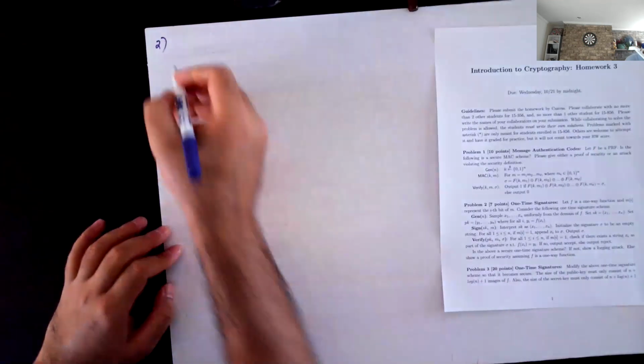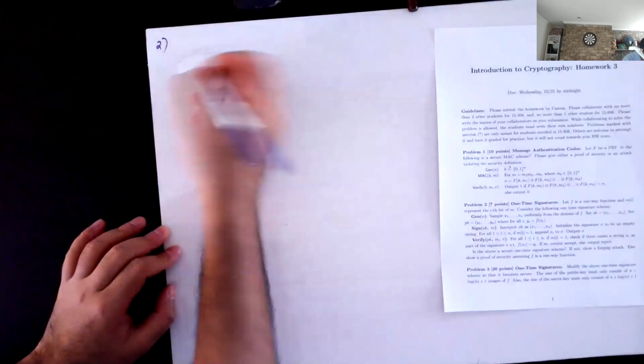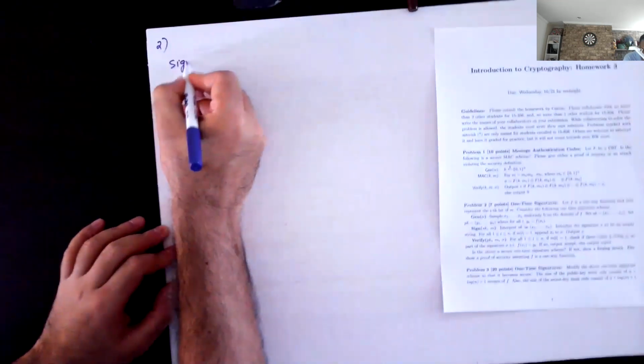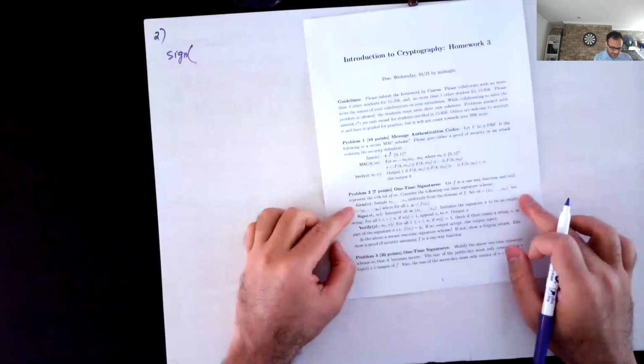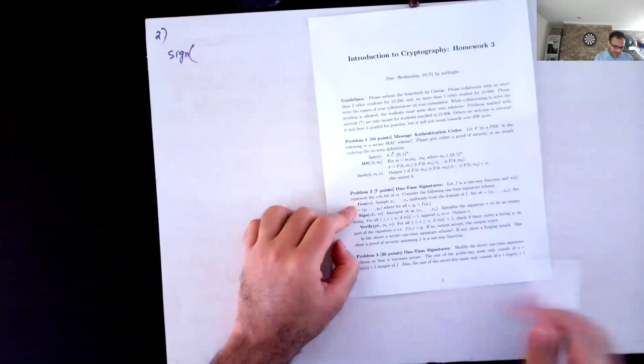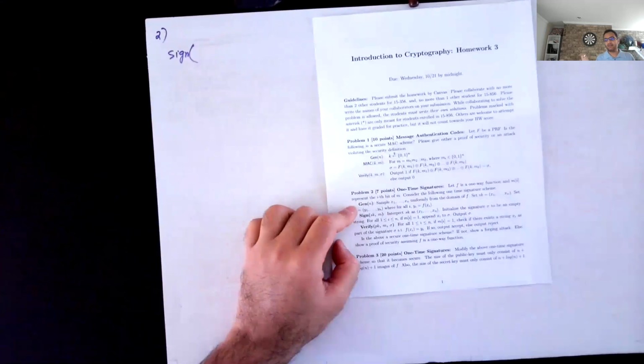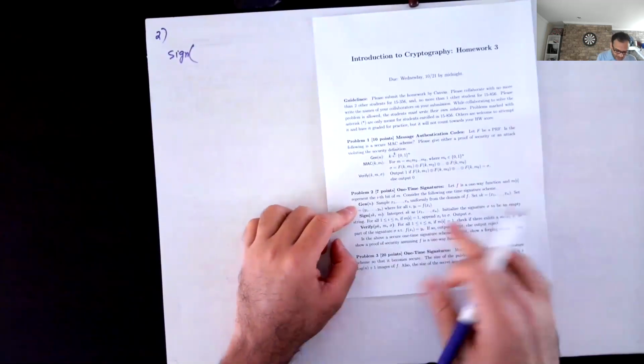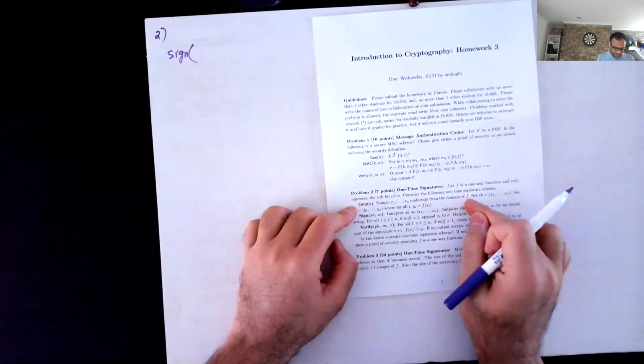So in the second problem, how do you sign? Maybe let's look at the problem first. You want to sign n-bit messages. In this problem, you just generate n random strings from the input domain of f.